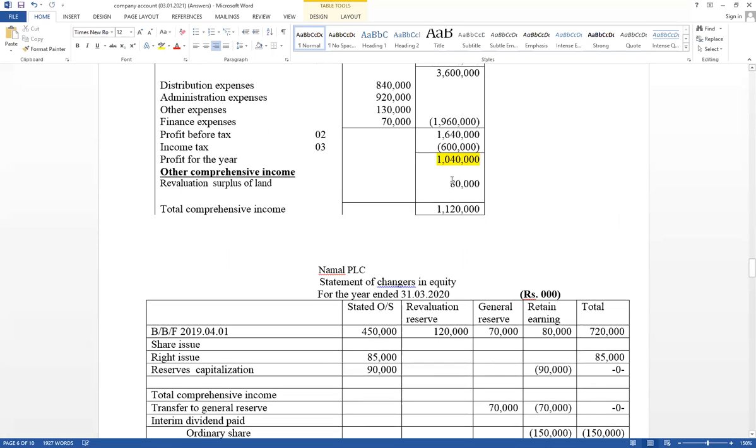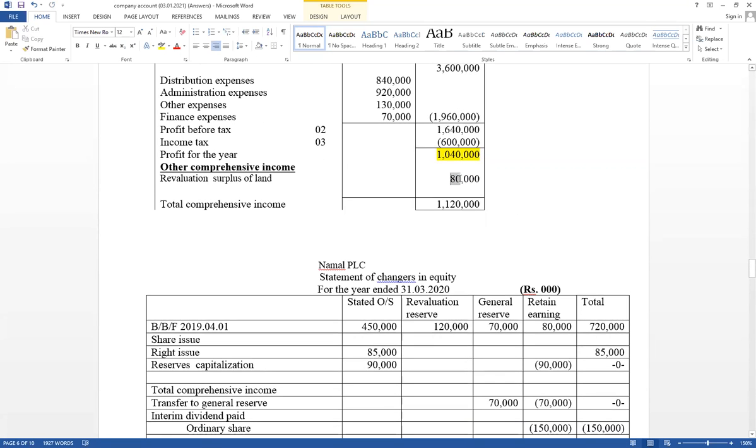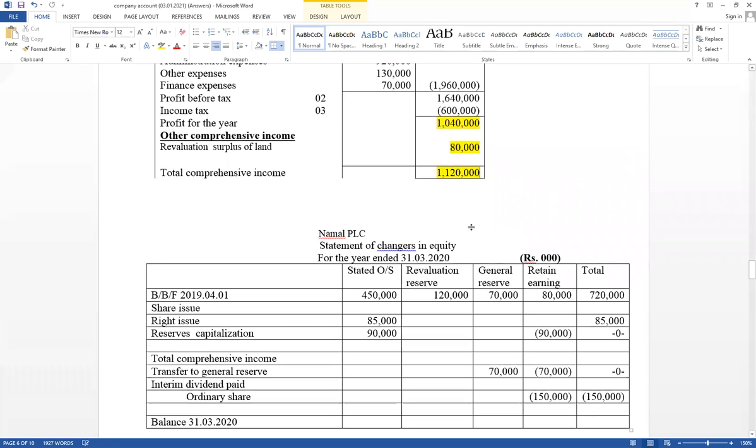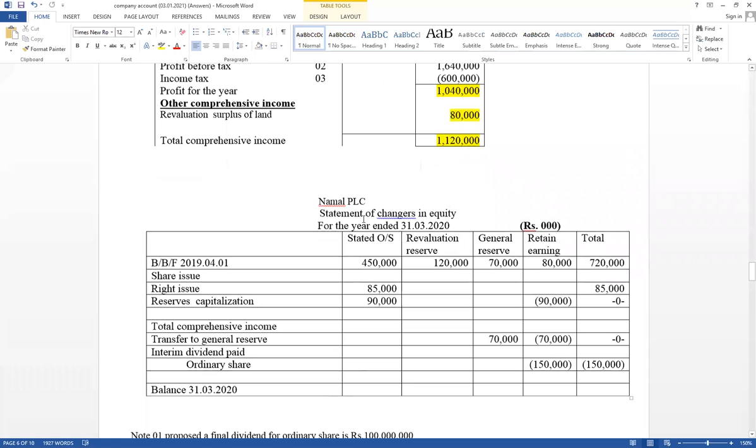And other comprehensive income should be recorded in the revaluation reserves column. And total comprehensive income, total column. As a total comprehensive income, profit for the year should be included in the retained earnings column.